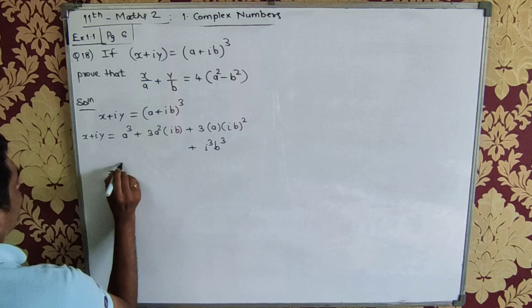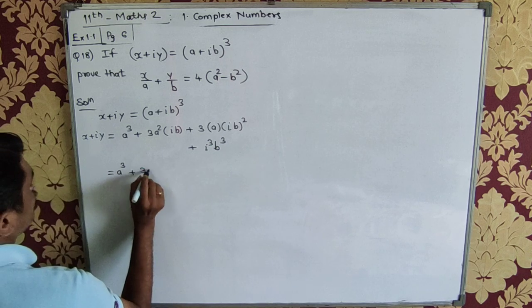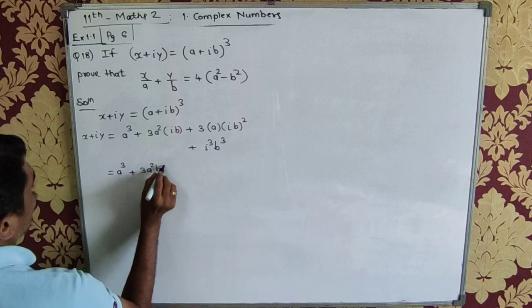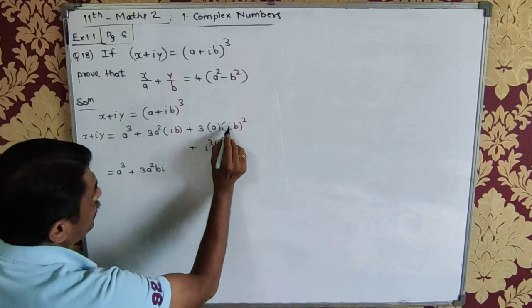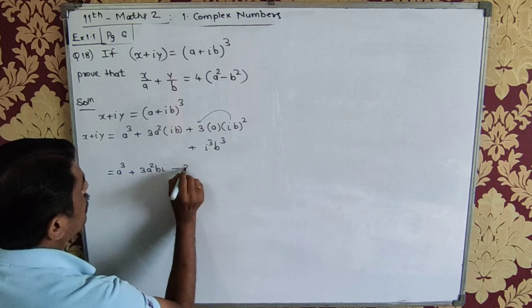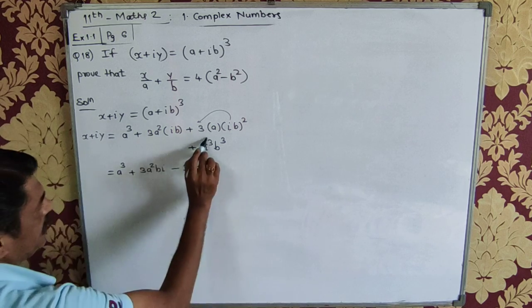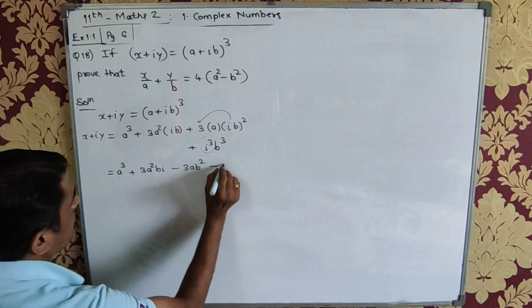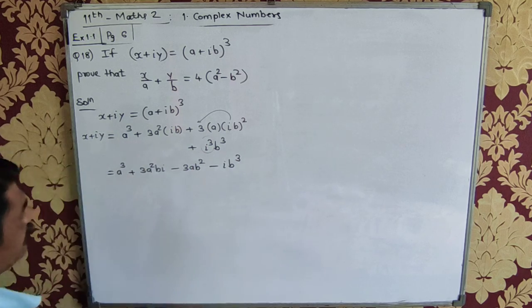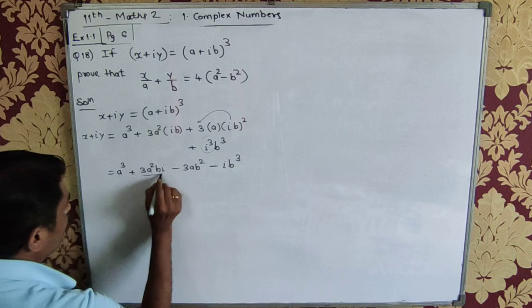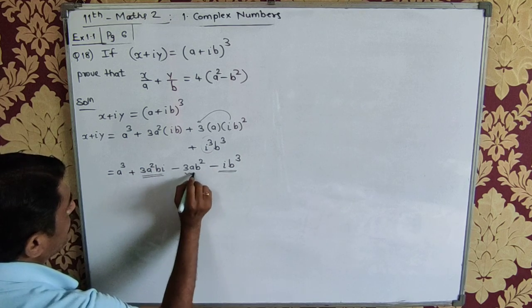That is equal to a cube plus 3a square bi. Now this will become minus 1, minus 3ab square. I hope this is clear. Yes. And this is minus i b cube. Is this okay? Yes. Now club together the imaginary parts and the real parts.